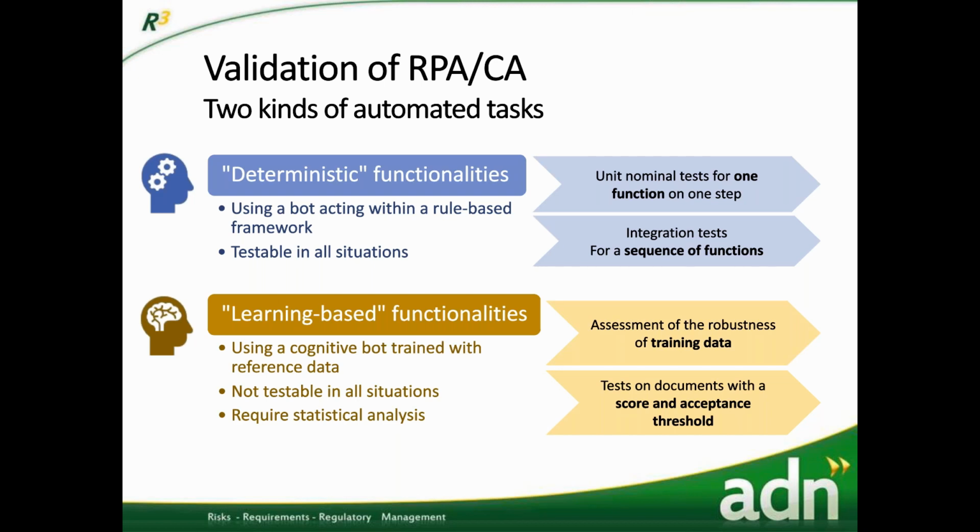The one is a task that involves deterministic functionalities, the ones that are rule-based and implemented with only logic, and it's testable in all situations. It works or it doesn't work. So you have to use unit nominal tests for the function and integration tests to see if the sequence of functions is effective.